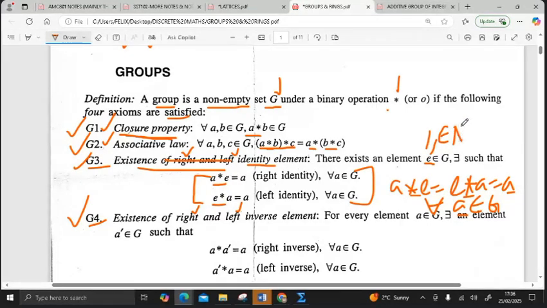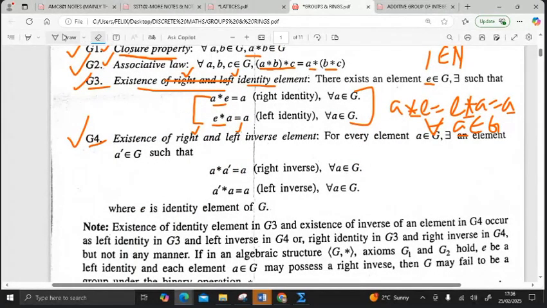When you bring in any three elements of the set of natural numbers, it doesn't matter which ones start, you still have the same product. And there is a multiplicative identity: the set of natural numbers has 1 as the identity, such that whenever you multiply any natural number by 1, whichever way you start, whether with the natural number followed by the identity, or the identity followed by the natural number, you're always going to have that same natural number. And therefore, it satisfies that.